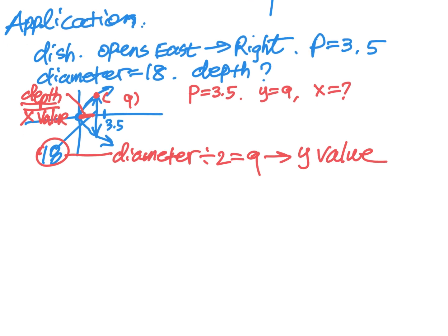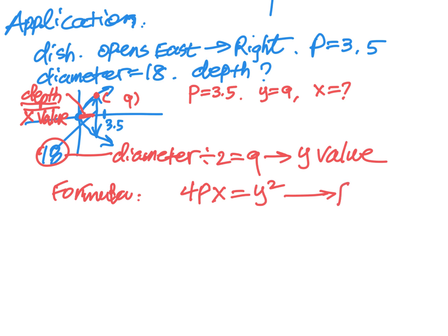So your formula is 4P, since it's facing to the right, 4px equal to y squared. Because it's facing right, this is your formula.